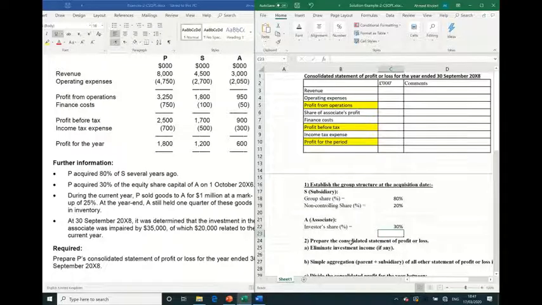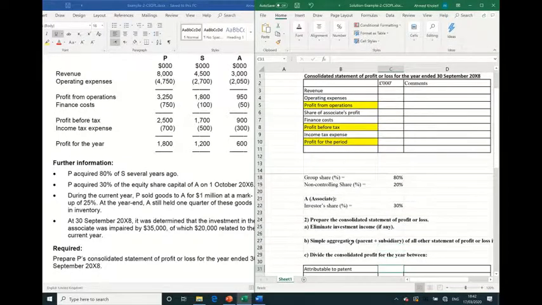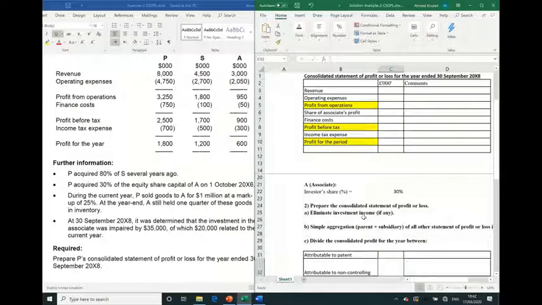Okay, and then the next step is to eliminate any investment income received from the subsidiary or the associate. We don't have any investment income received from the subsidiary or the associate. So we'll move to the next step, which is single aggregation for the parent and the subsidiary of all other items.